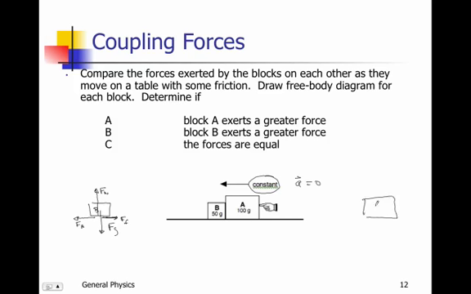All right, how about block A? It too feels the force of gravity, and it feels an equal and opposite normal force. It's experiencing friction as well, and it is feeling a push.